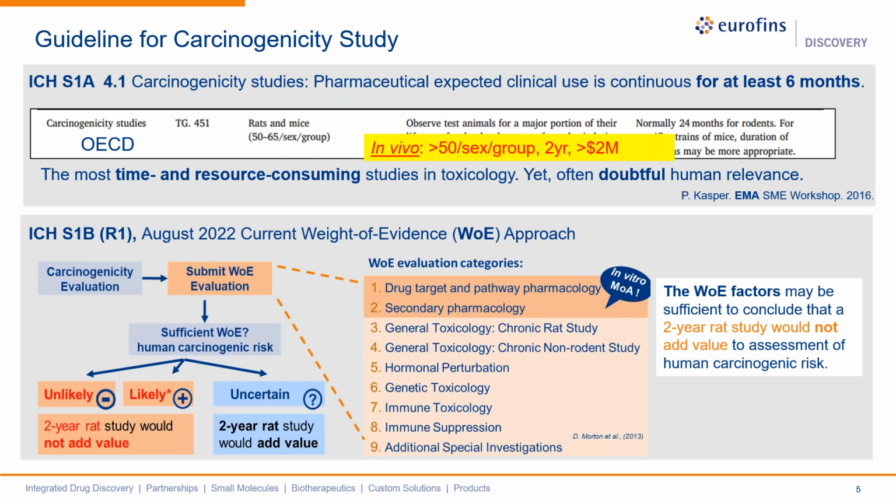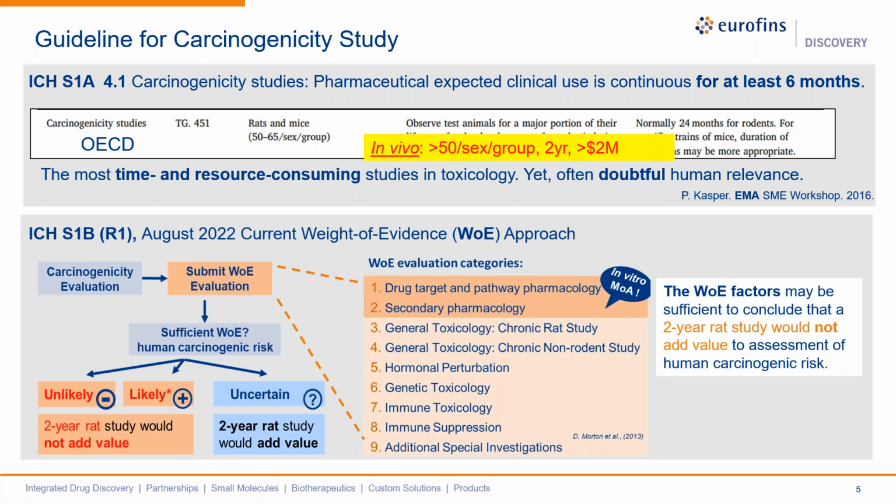For whether a 2-year rat study would add value: if the risk is unlikely, this suggests the animal study has no added value. If the risk is likely, further investigation with a rat study also does not add value. Only when the conclusion is uncertain for the risk, meaning insufficient evidence to determine either way, would a 2-year rat study add value.